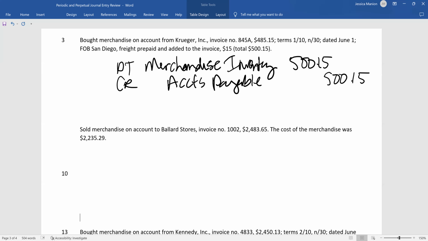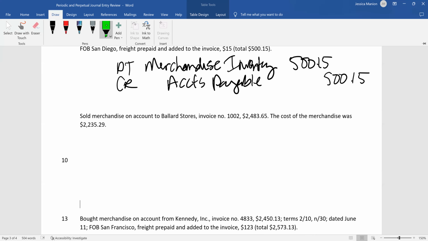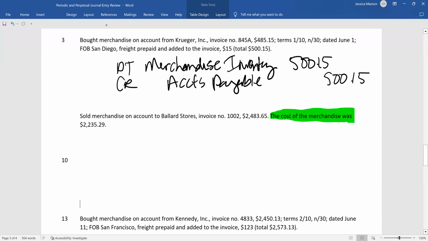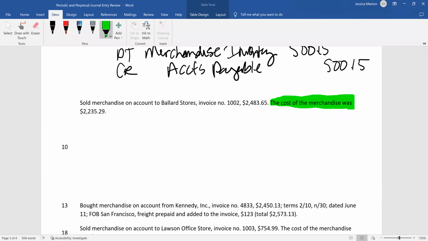Again, hopefully on the exam it's going to help us remember, because it tells us on the perpetual inventory entries the cost of the merchandise, right? So hopefully that helps us remember that we have to record the cost. So two journal entries: a journal entry to record the sale, a journal entry to record the cost.